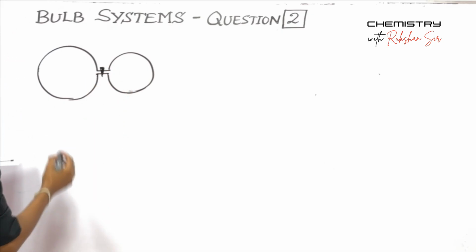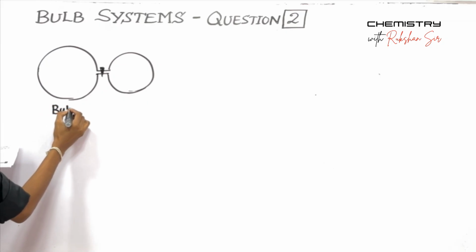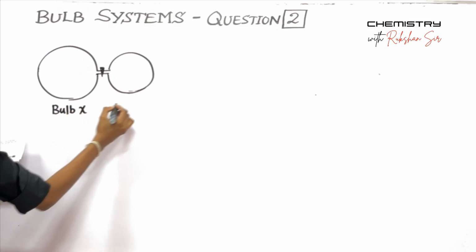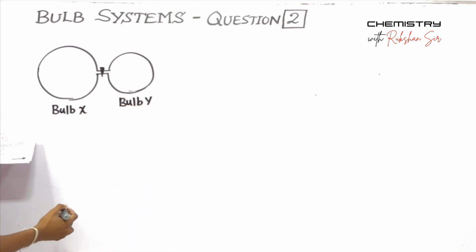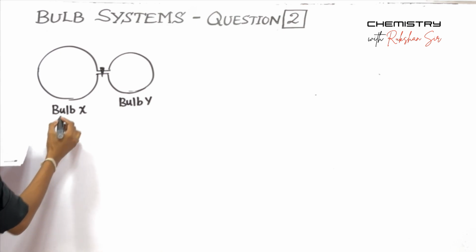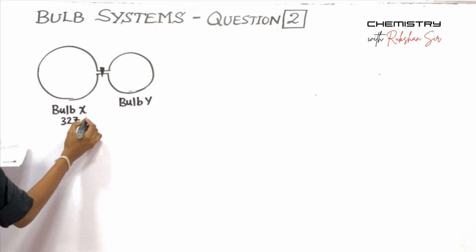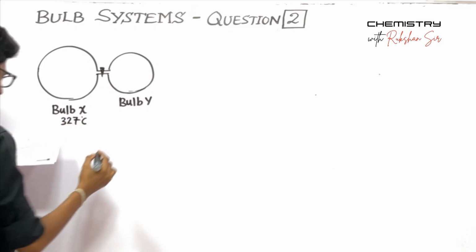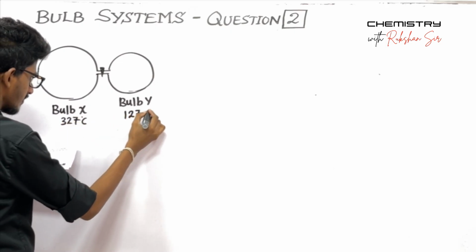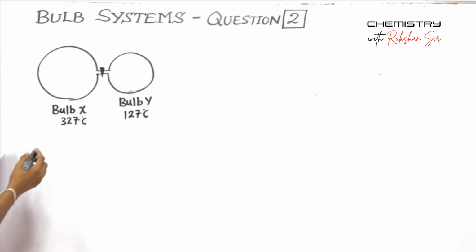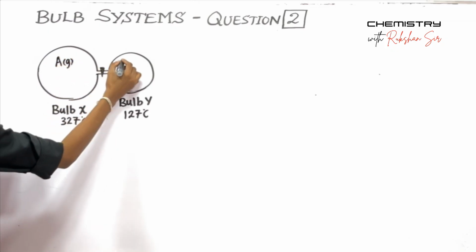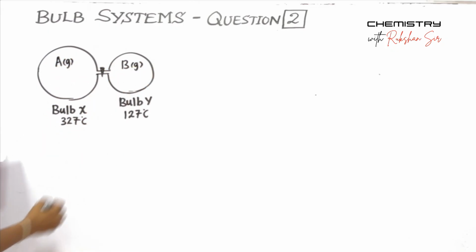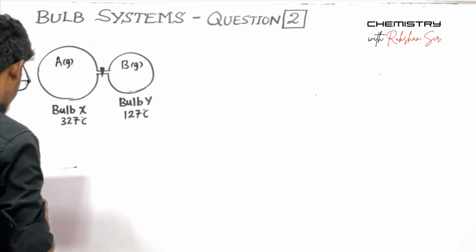This is bulb X and this is bulb Y. Bulb X is at 327 Celsius and bulb Y is at 127 Celsius. So you have the A gas and B gas inside them. What else are they saying?